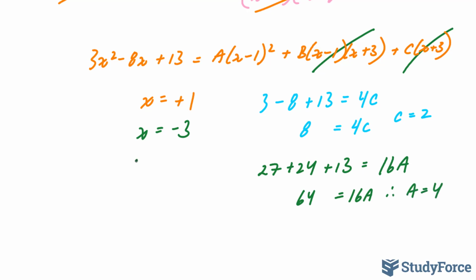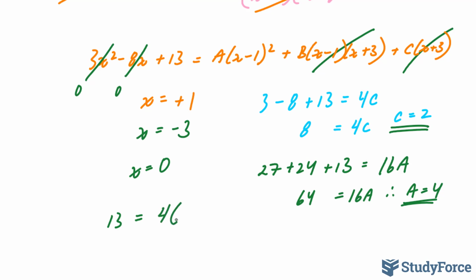And lastly, I'll set x equal to 0. Given that we know what A and C are, if we set x equal to 0, here's what happens. This part goes to nothing. This part also goes to nothing. We have 13 is equal to, we know what our A is, A times 0 minus 1 squared. We know what our C is.